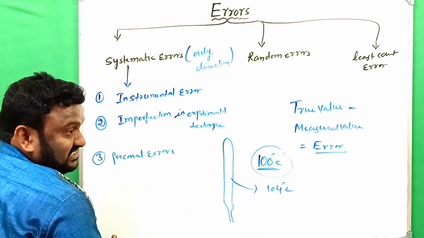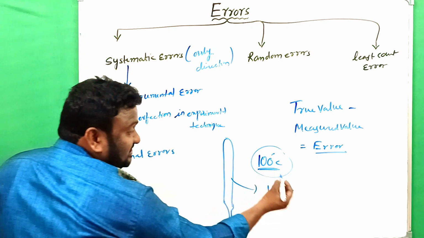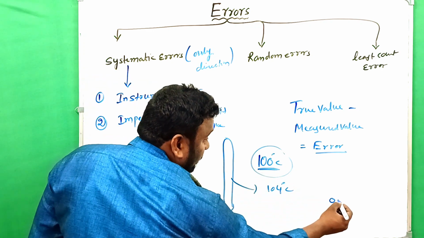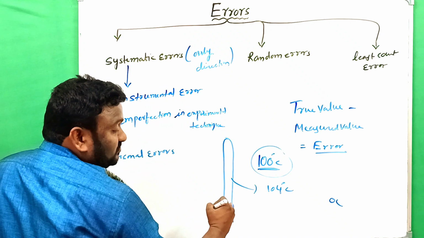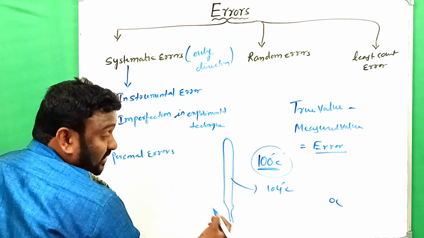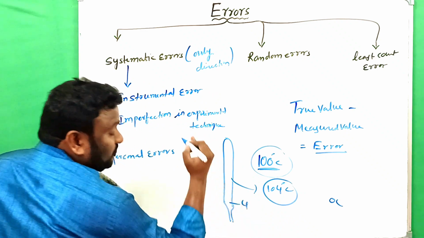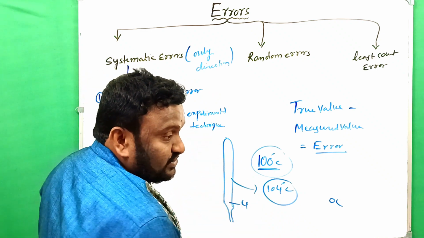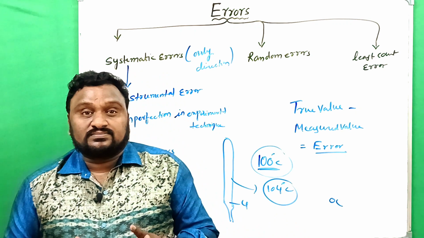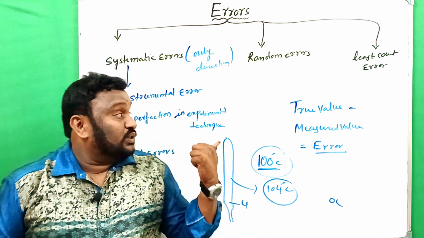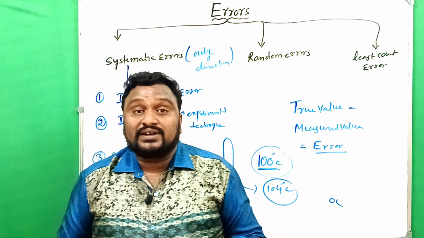In the correct one, the scale starts from 0, 1, 2, 3 like that, but here it starts from 4 degrees Celsius. That type of error comes under instrumental error.